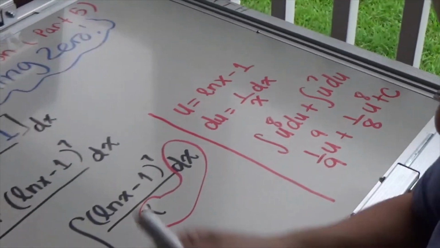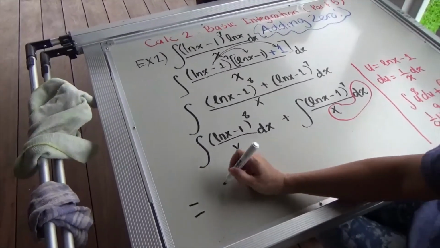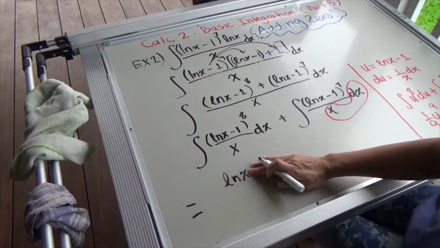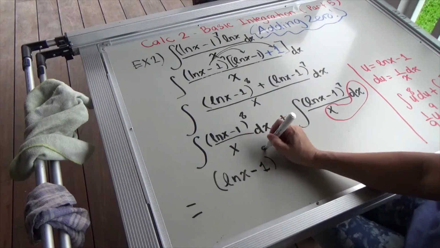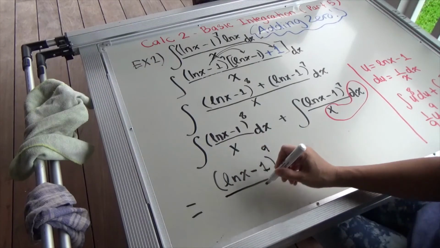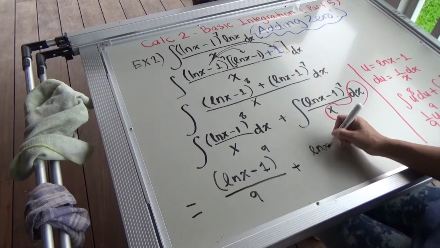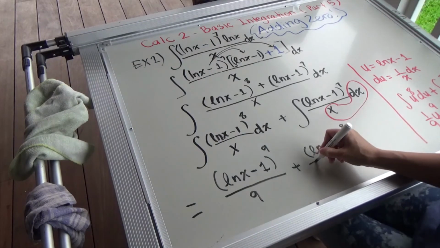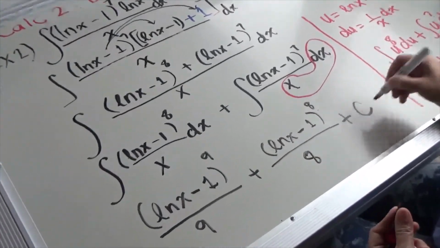And the answer, if we write it in terms of x, would be ln of x minus 1 all to the 9th power divided by 9 plus ln of x minus 1 to the 8th power all divided by 8 plus c.